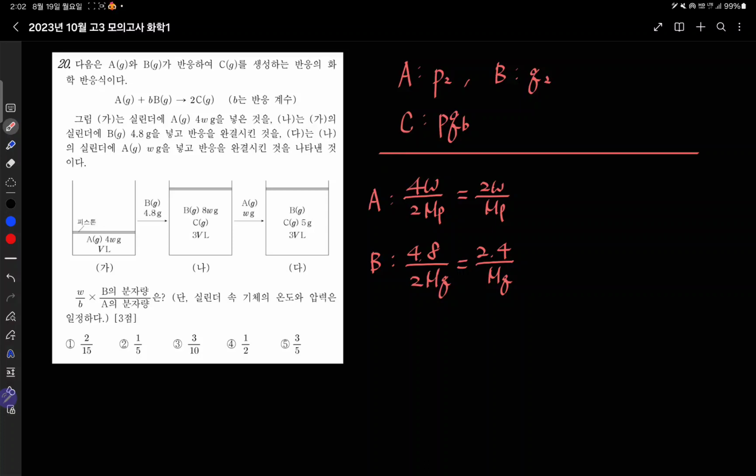And the leftover after the reaction is 8 times W gram.